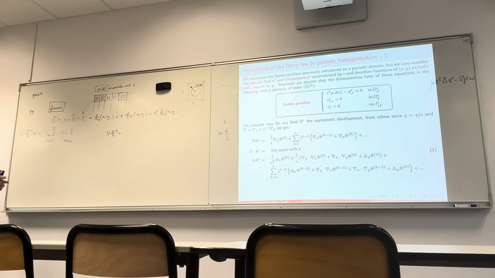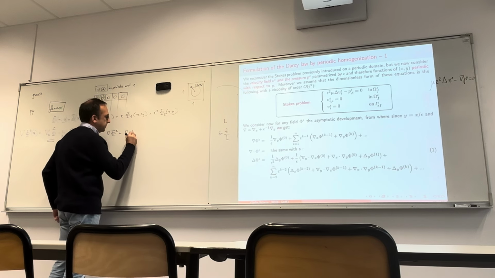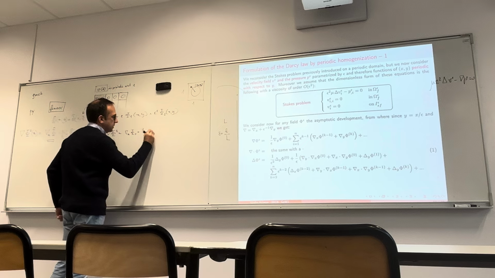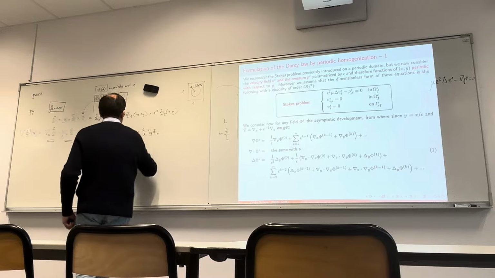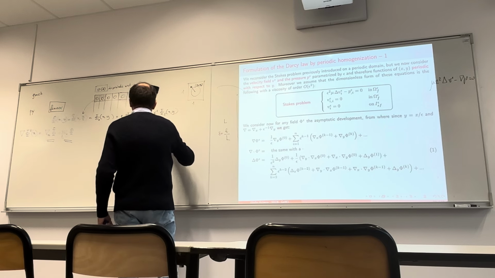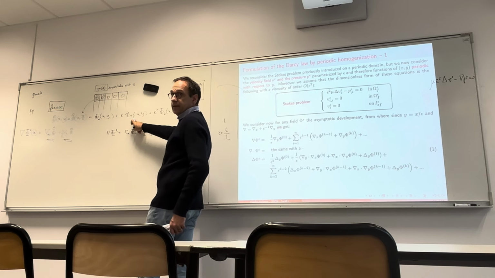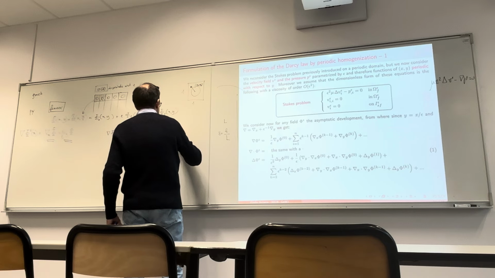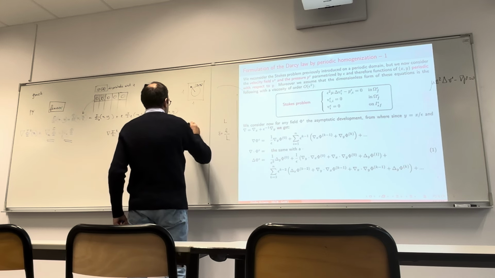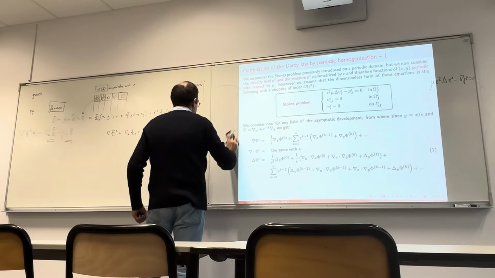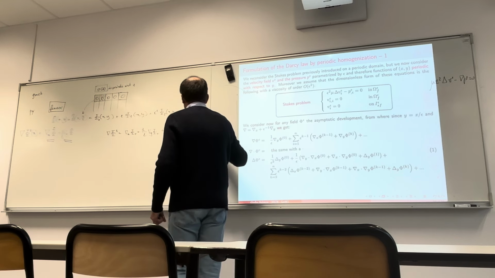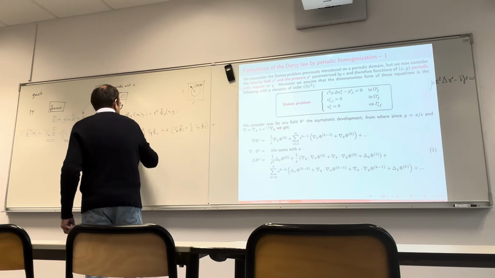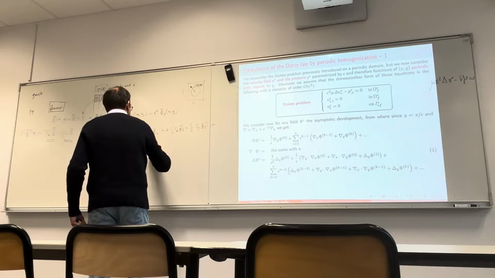If phi epsilon is this expansion, it will be the gradient x of phi naught plus 1 by epsilon the gradient y of phi naught, plus epsilon, now the same for phi 1: epsilon the gradient x of phi 1 plus 1 by epsilon the gradient y of phi 1, plus epsilon square the gradient x of phi 2 plus 1 by epsilon the gradient y of phi 2, and so on.